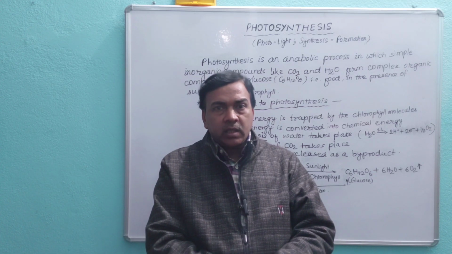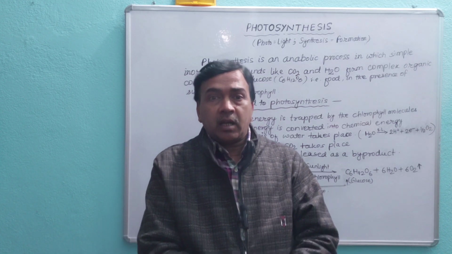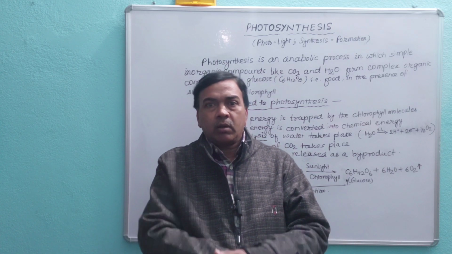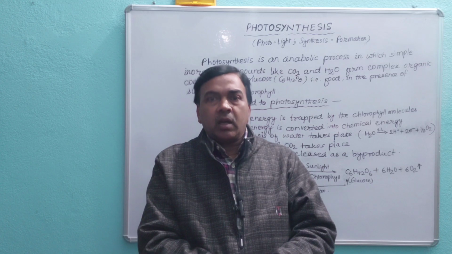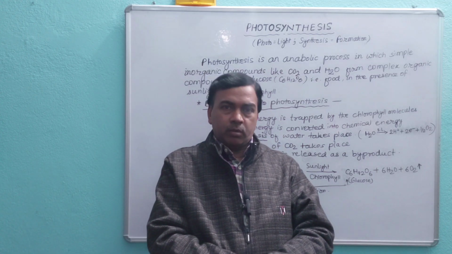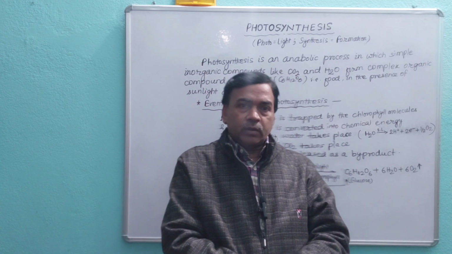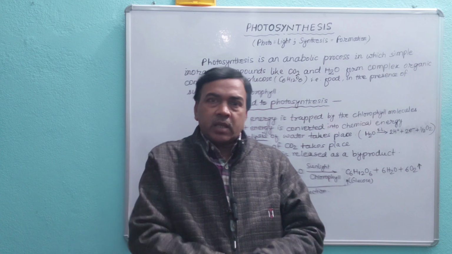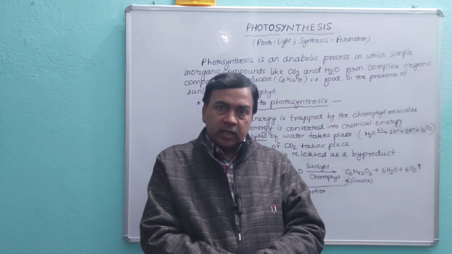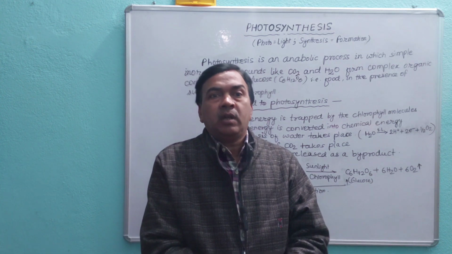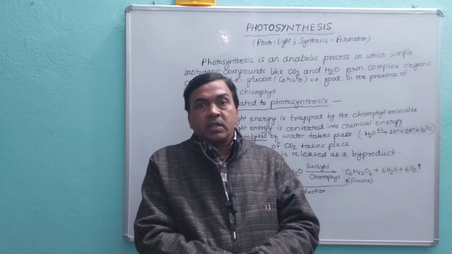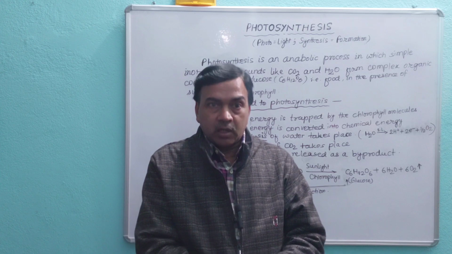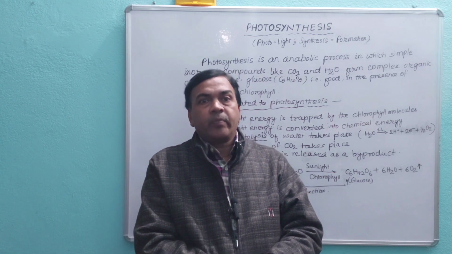Light phase occurs in the grana of chloroplast, whereas the dark phase occurs in the stroma of chloroplast. As we know, all the pigments are found inside the granum or grana. The pigments capture sunlight, hence light phase occurs inside the grana.